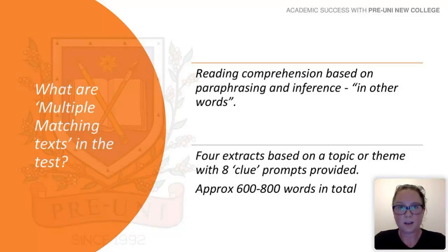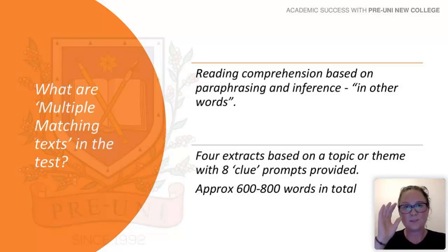Multiple matching texts are very simply reading comprehensions that use paraphrased sentences, or what I've said here is like in other words, saying things in other words. A multiple matching text has 4 extracts, and those extracts are based on one particular topic or a theme, and then there are 8 clues provided to the students.